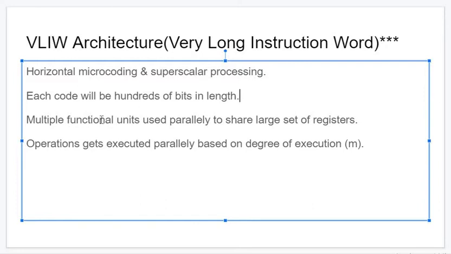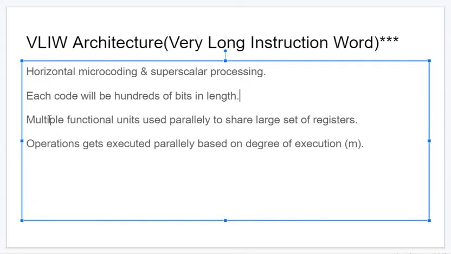Next one, multiple functional units are used in parallel to share a large set of registers. Here please remember register as data. What we mean by sharing is commonly utilizing data. That is the definition of sharing.